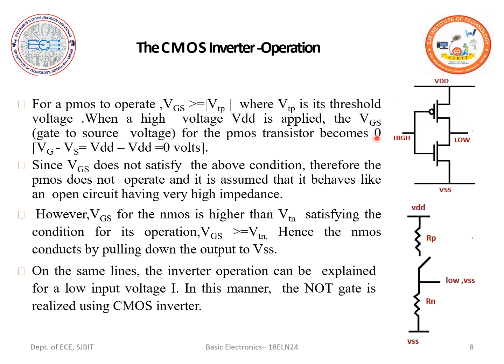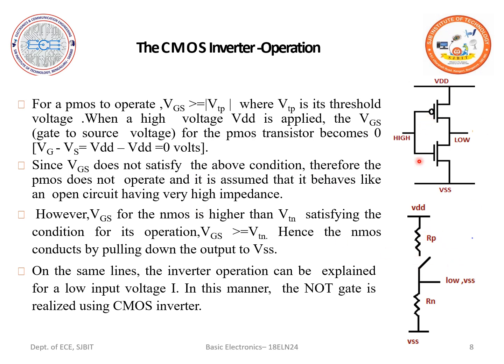When a high voltage VDD is applied, the VGS for the PMOS transistor becomes 0. Since VGS does not satisfy the above condition, the PMOS does not operate, and it is assumed that it behaves like an open circuit, as shown here, having high impedance.